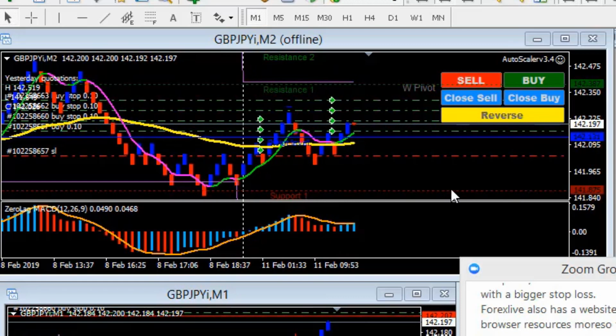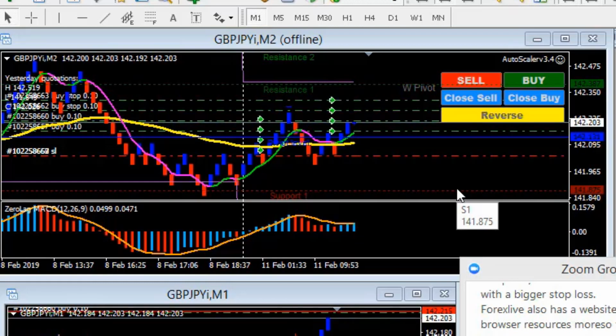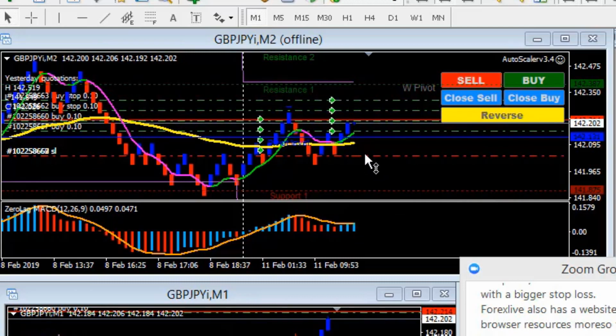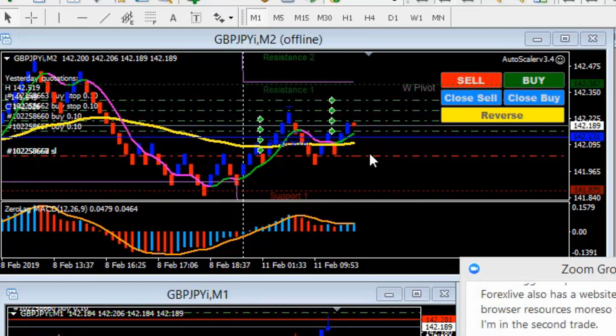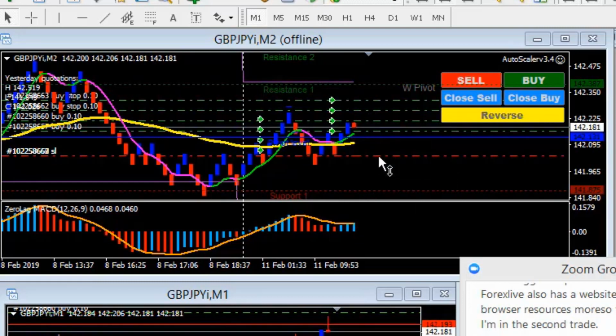Should be in trade number 2 now. And we should see the step stop trigger in another pip or so, since it's based off of the ask prices, because we're in a buy trade, so it needs to go up another pip, pip and a half, whatever the spread happens to be on that.